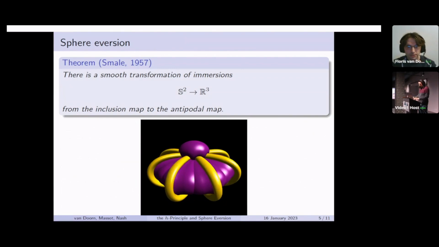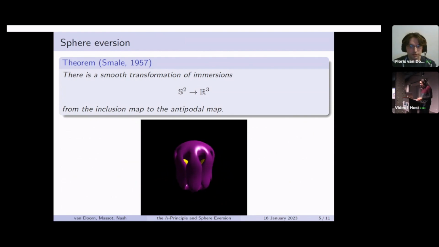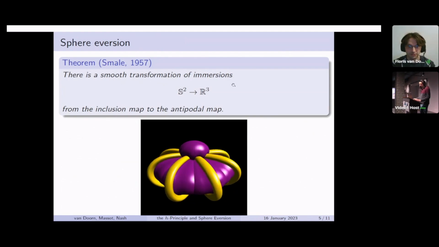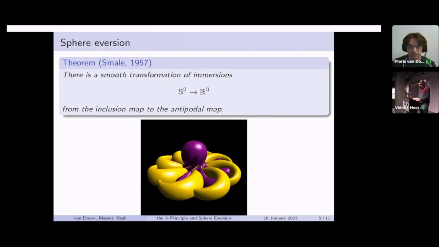So sometimes the short version is only written for continuous things, but in fact all the final results are only for smooth maps. So the theorem we formalize is this one where there's a smooth transformation. So we have this smooth transformation that is infinitely differentiable, and yeah, that is stronger in general.